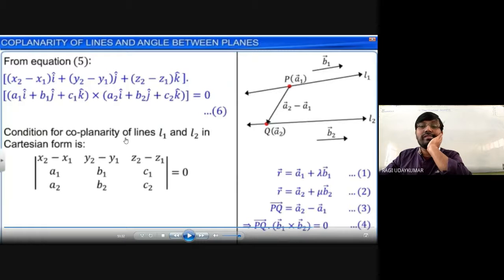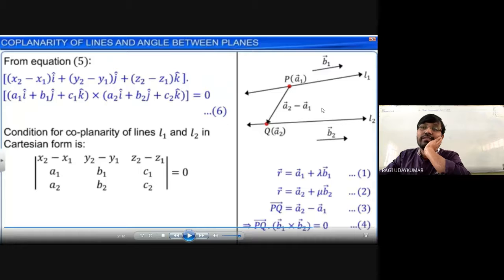Line equation will be given to you. इसका पोजीशन वेक्टर क्या है, x1, y1, z1, and a1, b1, c1 are the direction ratios of this vector. ये line equation.